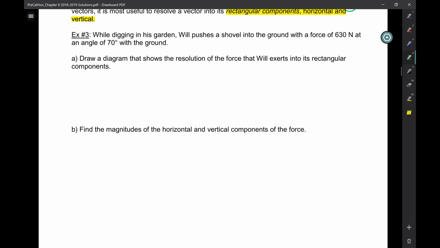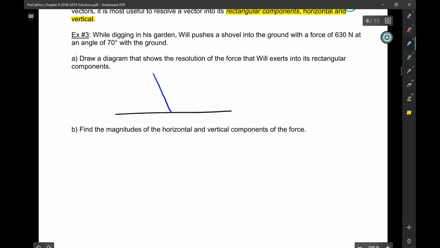So this guy's digging into his garden. He's got the shovel and he's digging down. And this makes an angle of 70 degrees with the ground, right? So here's the ground. This is the shovel.